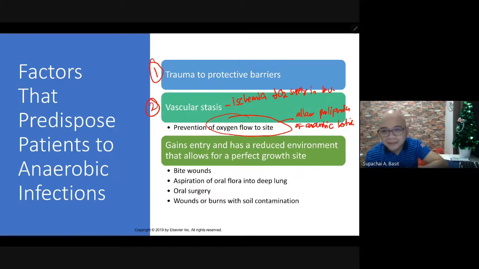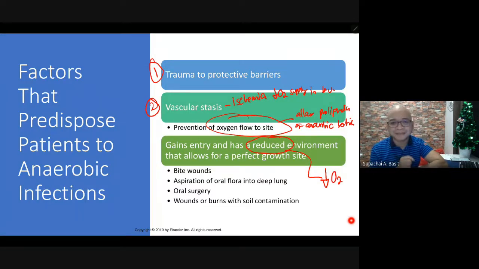So anaerobic bacteria will actually proliferate because of this. And this will allow bacteria to gain entry and has a reduced environment, and that is actually perfect for them to grow. When you say reduced environment, it means that particular environment has low oxygen.